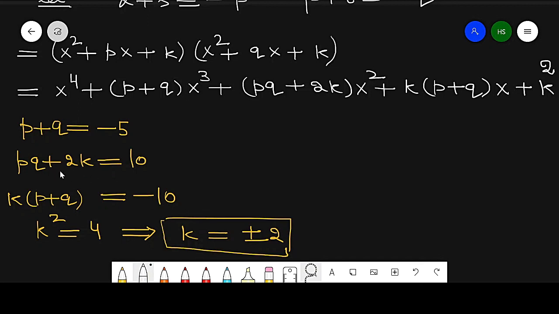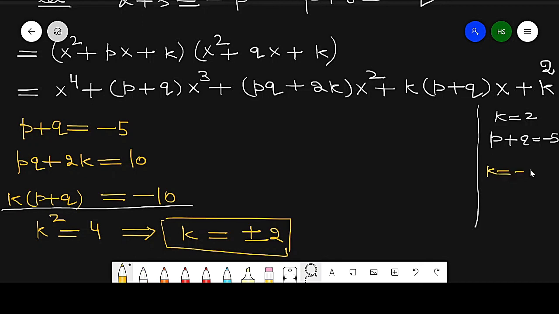If I substitute k equal to 2, then p plus q equals minus 5 from this equation. If I substitute k equal to minus 2, in that case p plus q is equal to 5.